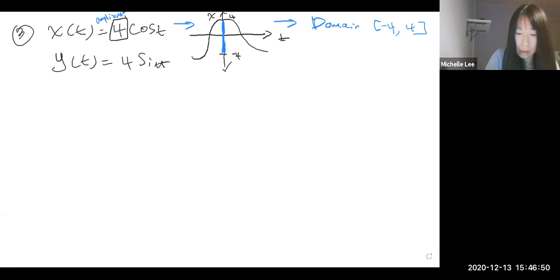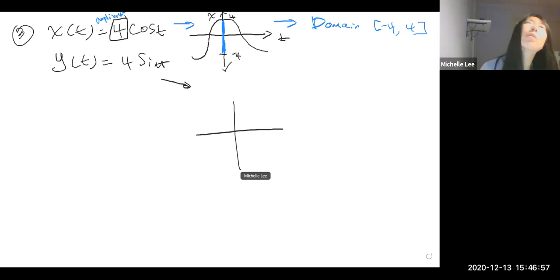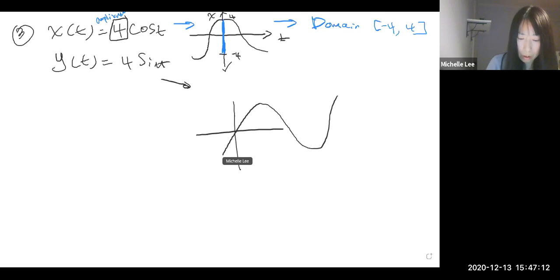So the range is, looking at this one, it starts at 0, and then goes to the maximum.